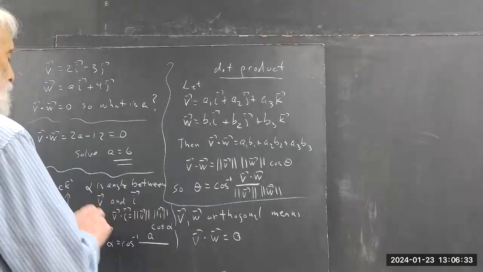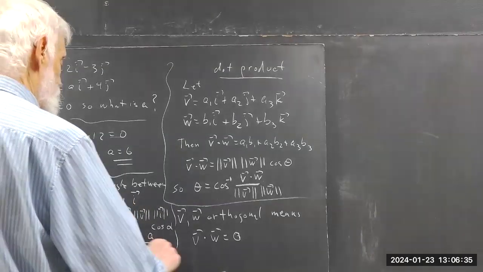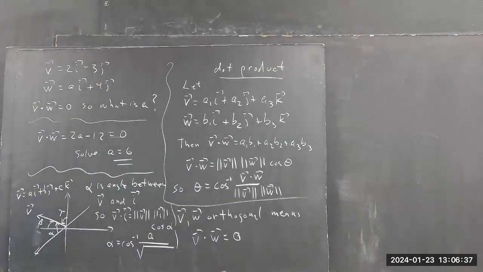Magnitude of I is just one, magnitude of V is, of course, officially the square root of V dot V, right? That makes sense?